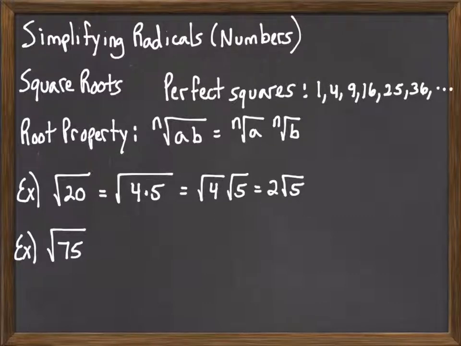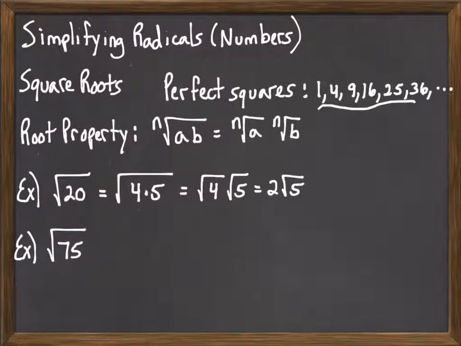Consider another example, square root of 75. So we begin looking at our list of squares and work our way up that list until we find something that will go into it. Now, if we go through that whole list and don't find anything that goes into it, then that means that thing can't be simplified.